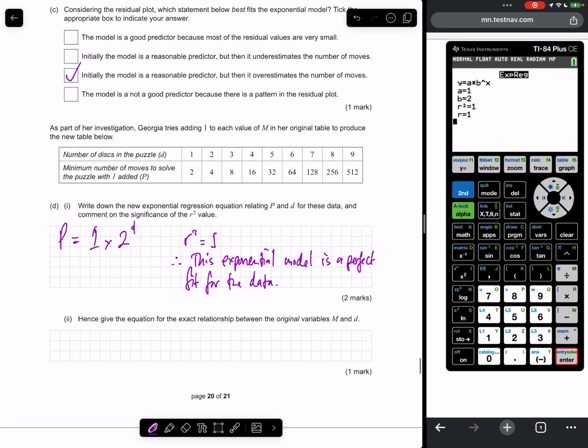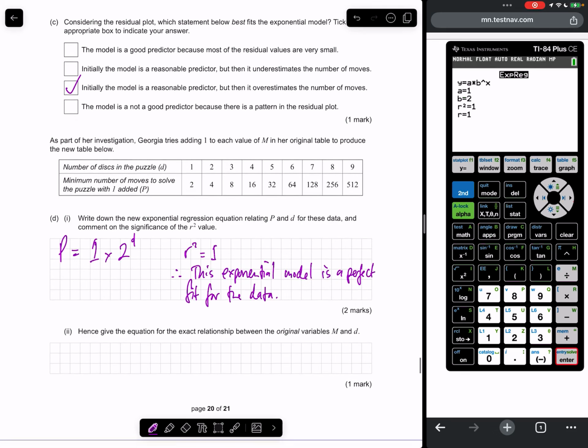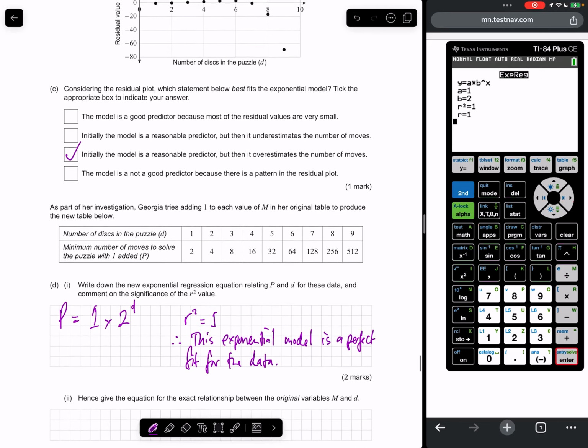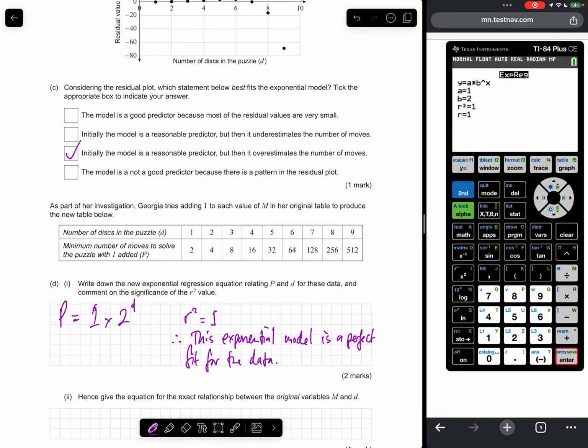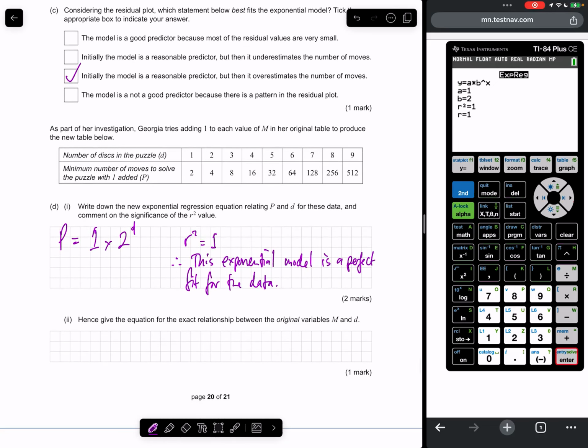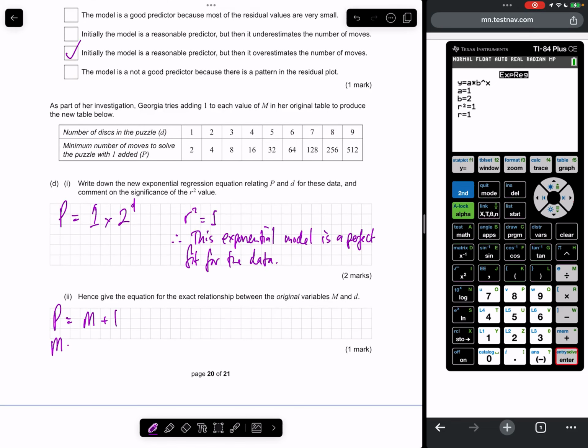All right. So what we found is that P this time was just M with 1 added to it. Okay? So P was equal to M plus 1. So what's M going to be? M is going to be P take 1.